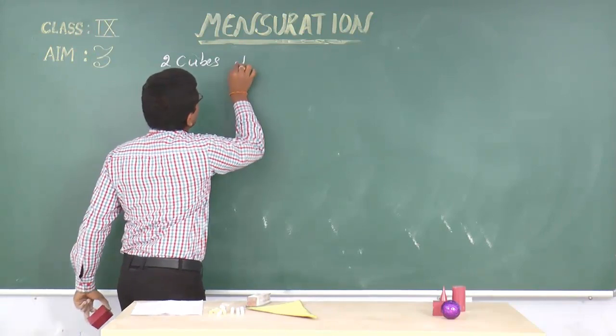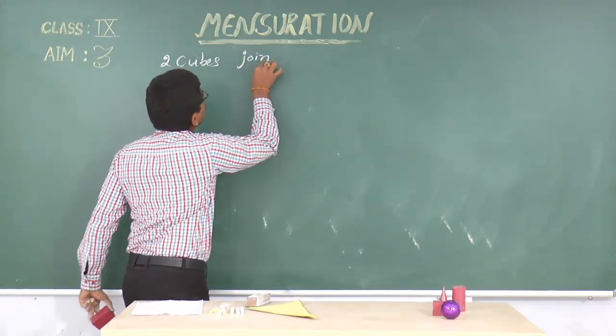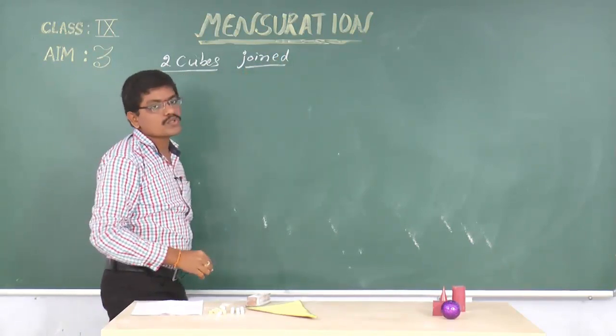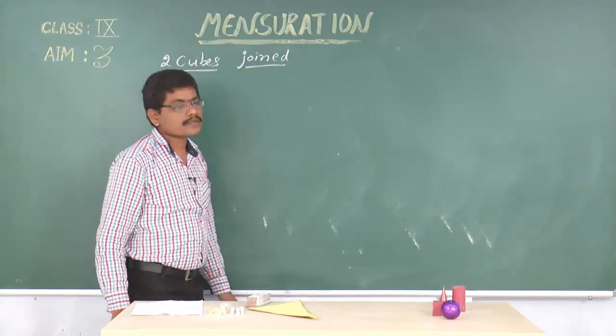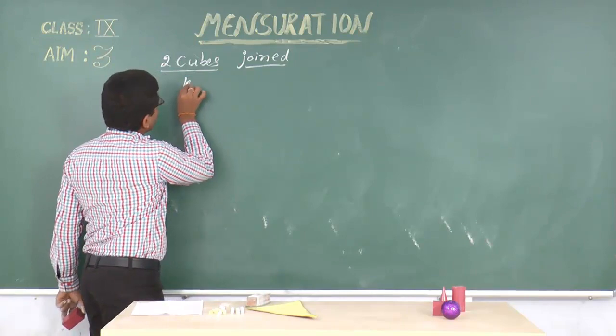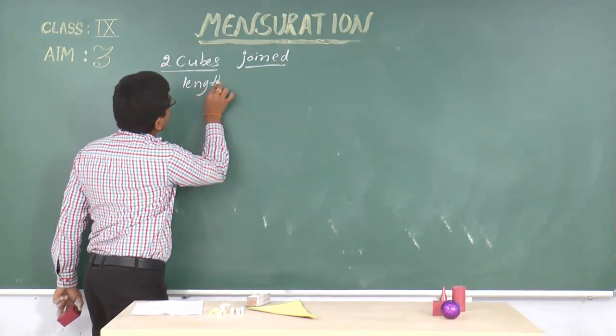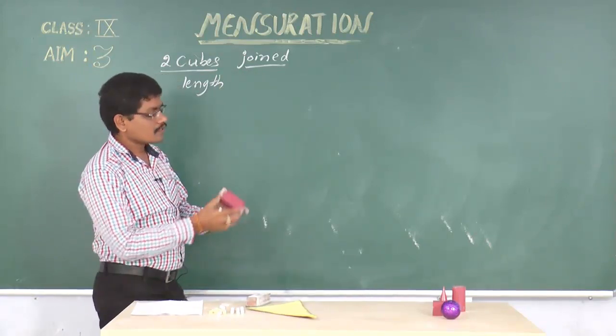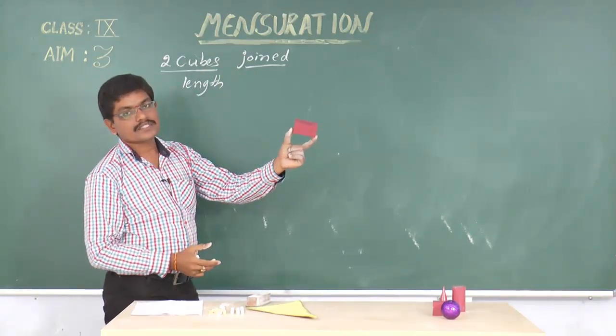If 2 cubes are joined, then we'll get the cuboid like this.